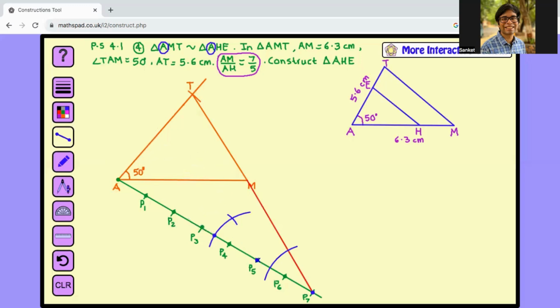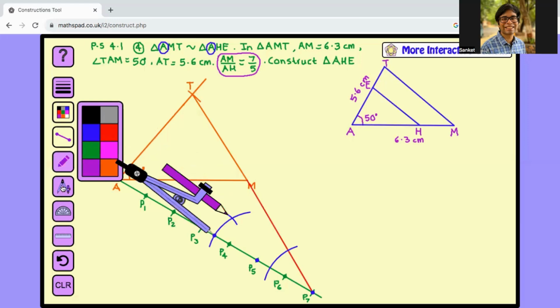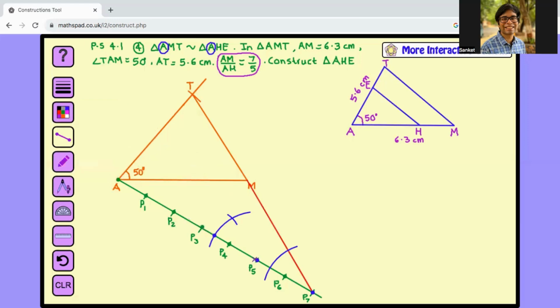Now I need to join P5 and this point so that I get a parallel line. P5 and this point, I'm joining and extending all the way till here so that I locate this point H. You can see that this and this line are parallel to each other.